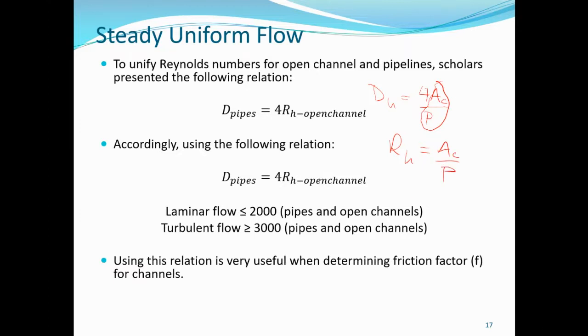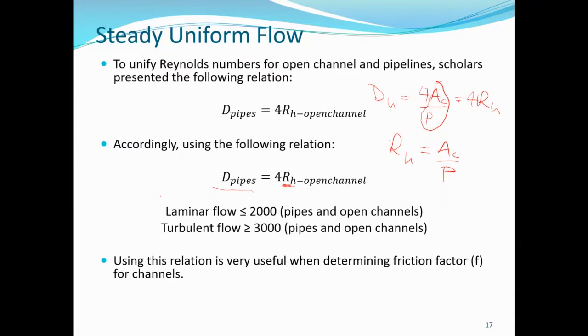So that implies that the hydraulic diameter is simply 4 times the hydraulic radius. Ordinarily, diameter is 2 times the radius, but hydraulic diameter is 4 times the hydraulic radius. So, hydraulic diameter for pipes and hydraulic radius for open channel.